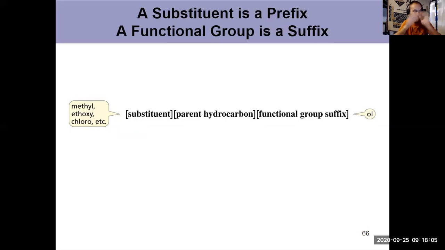You go substituent, name of your parent hydrocarbon, and then your functional group suffix. In this case, it's OL for alcohols, and your substituents. So far, we've seen alkyl substituents, halo substituents from group 17, and we've also seen ethers can be named as substituents. Just remember to add numbers where necessary and put them in alphabetical order, and you're in business.